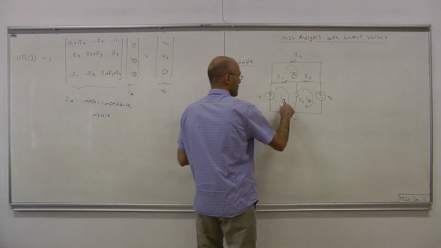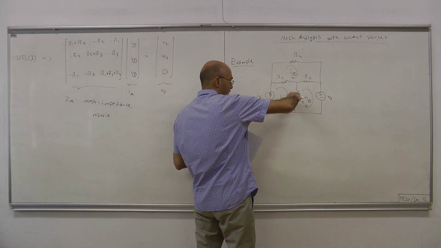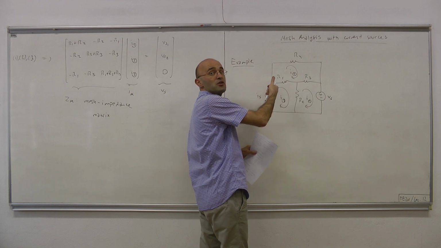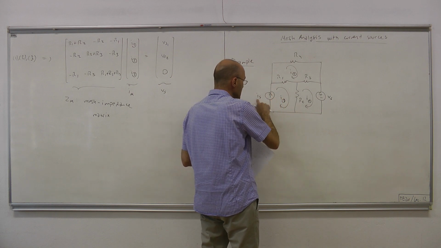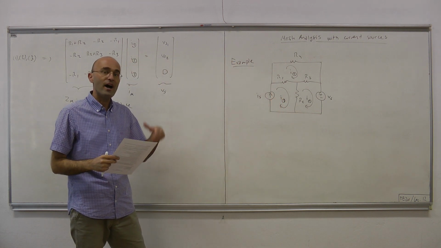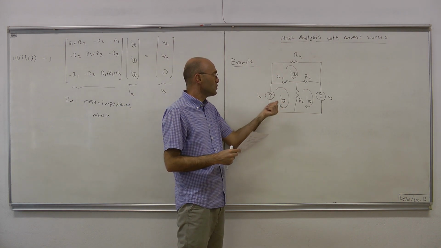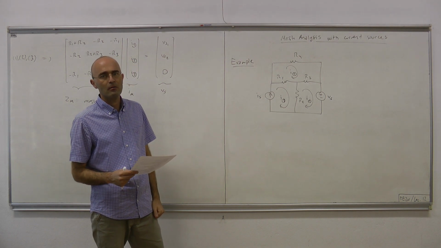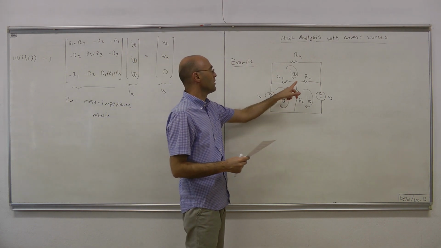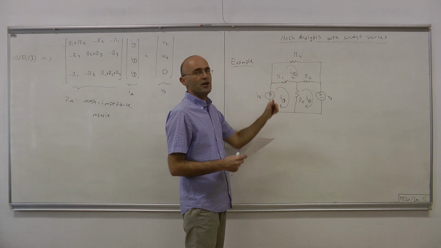So in fact, this is I3 and this IS is in the same direction, and therefore I3 directly equals IS. So I3 is not one of our unknowns, hence we don't have to label that as one of our formulation variables. In fact, we have only 2 unknowns, I1 and I2.